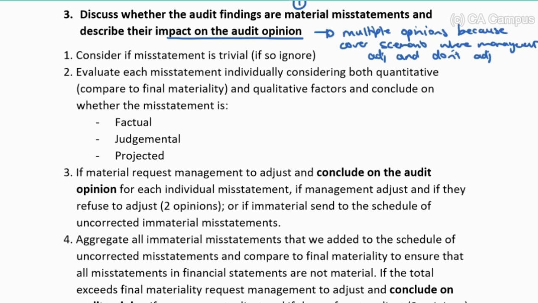I do the first step of looking if it's trivial, and then I say ignore it if it is. But in most cases we're not going to have trivial misstatements, so I'm going to move on to step 2, where I first go and see, is it quantitative by comparing it to final materiality, and is it qualitative by looking at the nature. And once I've done that, I categorize it. Is it factual, judgmental, or projected?